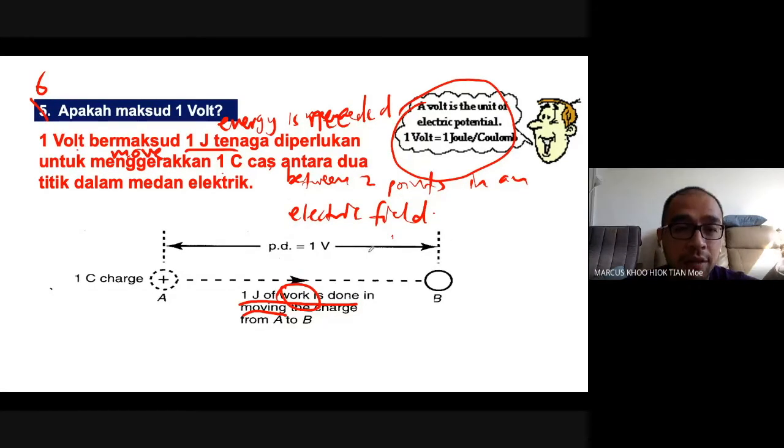So if the potential difference, or the voltage that you count, is 1 volt, it means between this point and this point is 1 joule of energy. Okay, so 2 volts means this point to this point is 2 joules of energy. But only for 1 coulomb of charge.